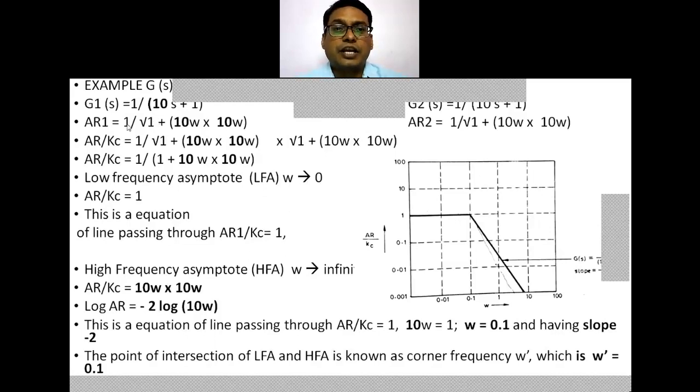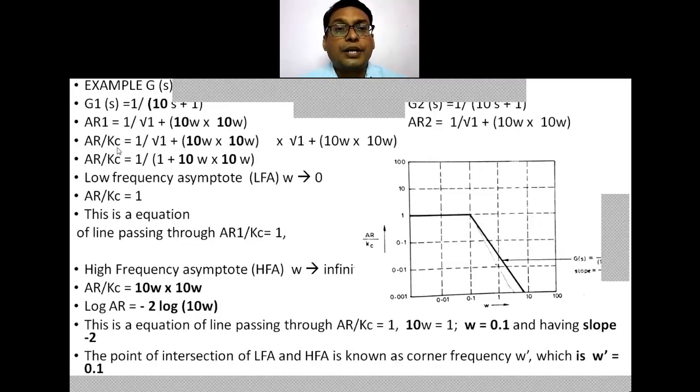So the amplitude ratio for the first transfer function is 1 upon under root of 1 plus (10 omega) square, where tau is 10. Similarly, the amplitude ratio for the second transfer function will be the same, 1 upon under root of 1 plus (10 omega) square.